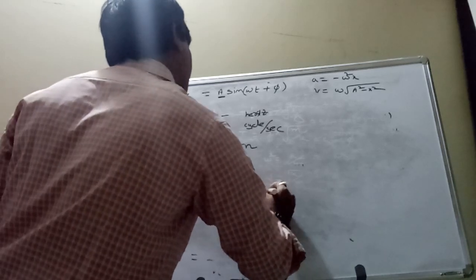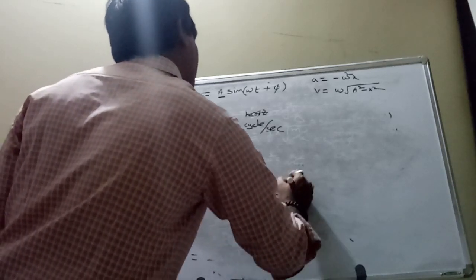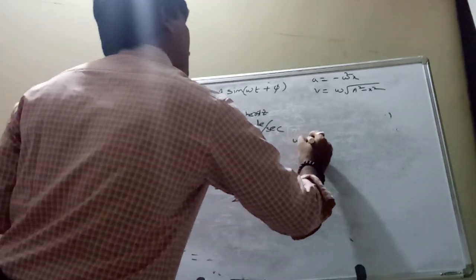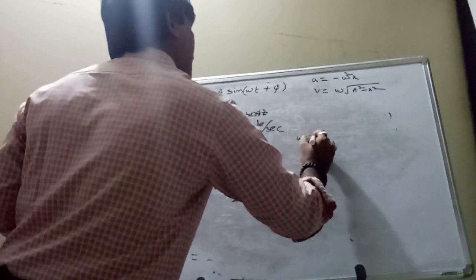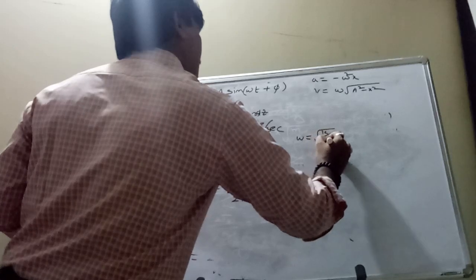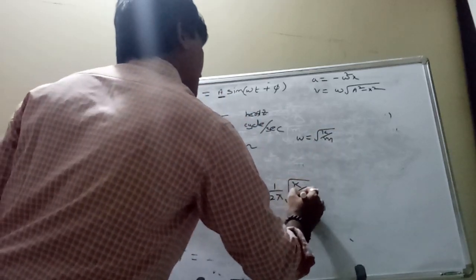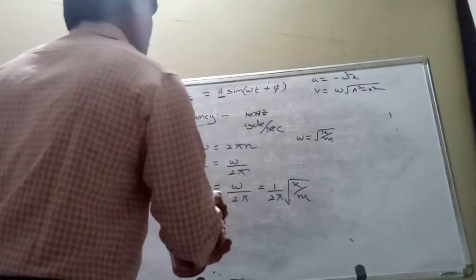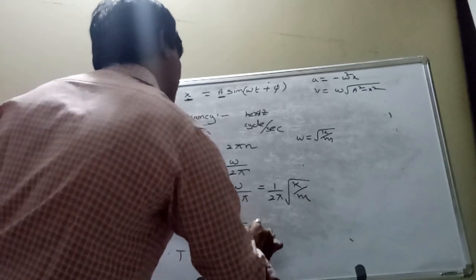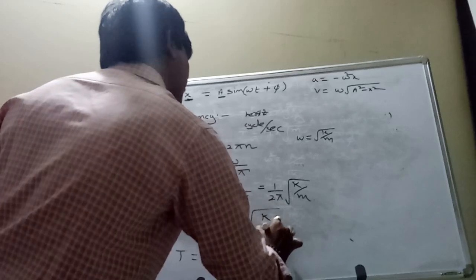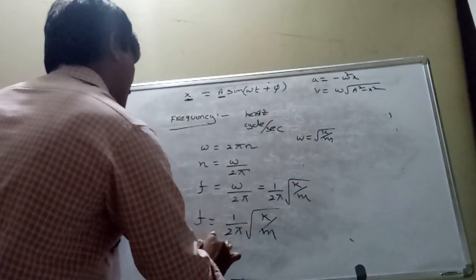So f is equal to 1 by 2 pi into omega, where omega equal to root k by m. So f is equal to 1 by 2 pi root k by m.